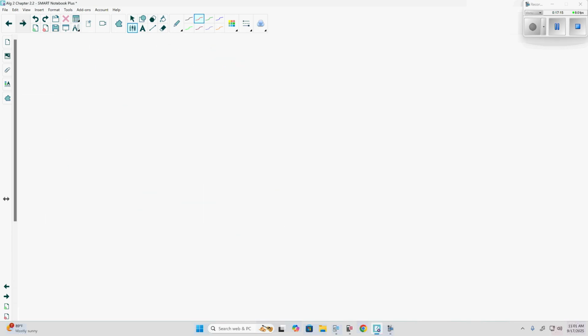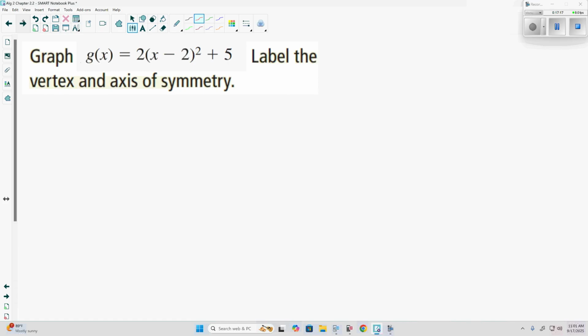Okay. G of x equals 2 times x minus 2 squared plus 5. A, h, and k. A would be 2. Interesting. H is, it would indeed be 2, but would the sign be positive or negative?